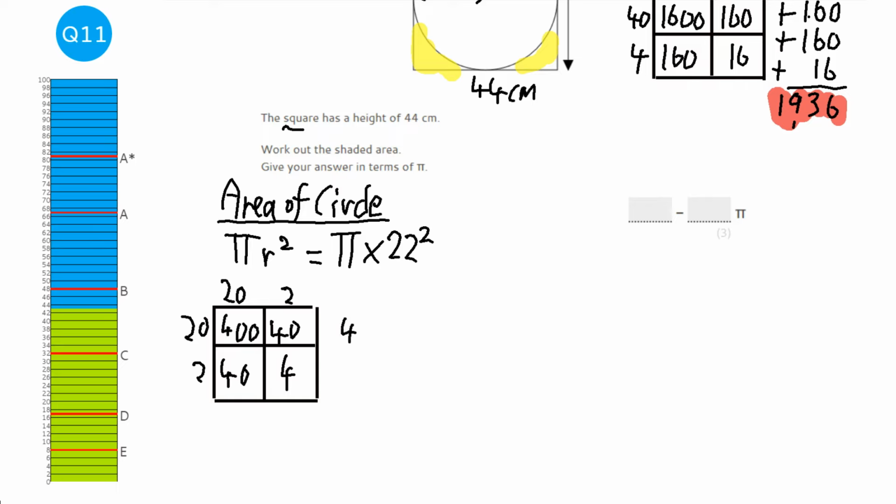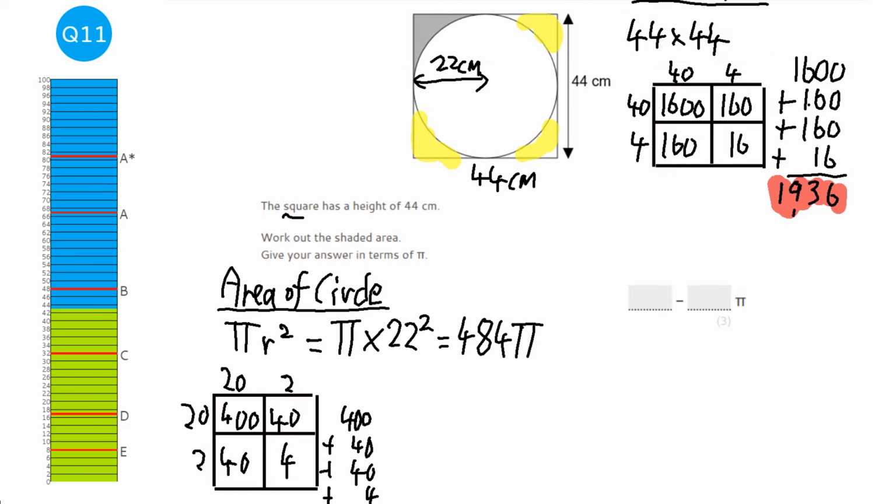Add those together. You can probably do that without the column addition. 4 plus 4 is 8. Then that 4 there, so 484. So that's going to equal 484 pi.